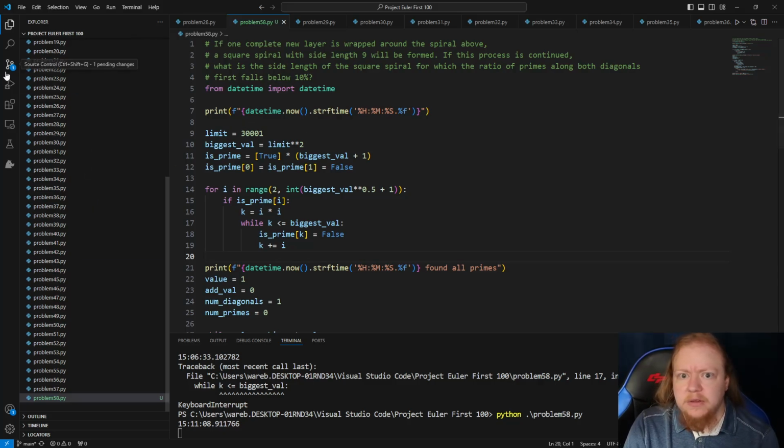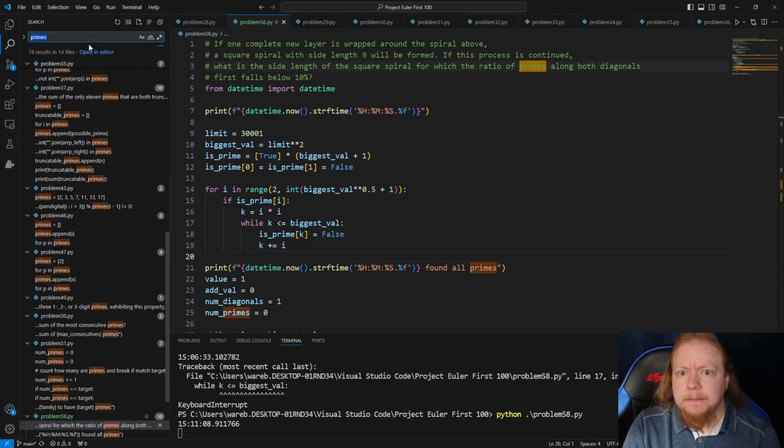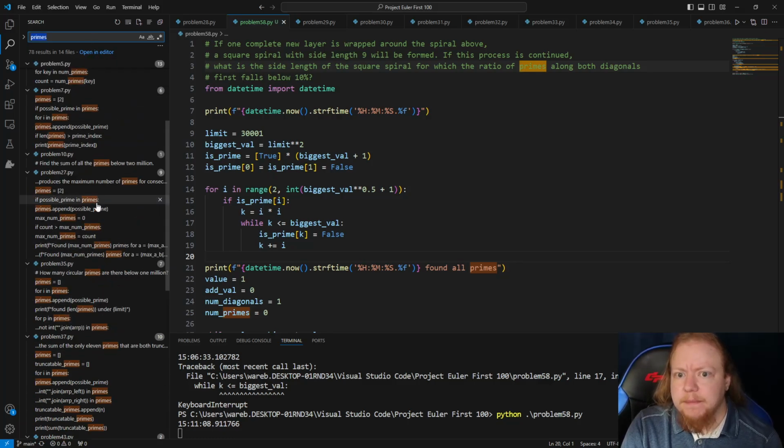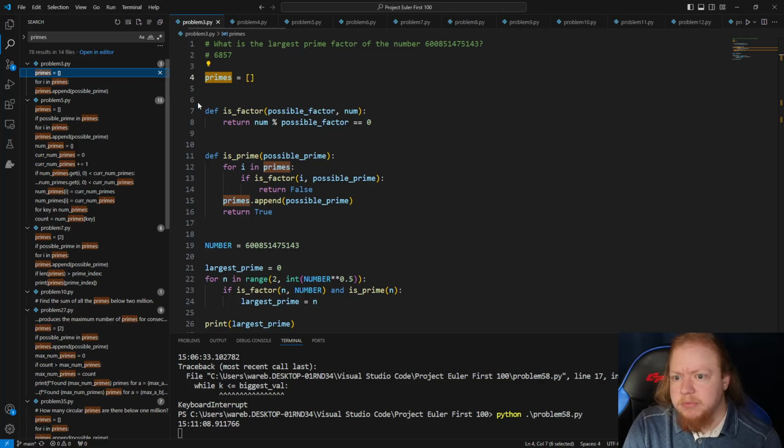So, let's see. Go back to just problem 3. Okay, so here we did the way where we did an array. We don't want to use this method.